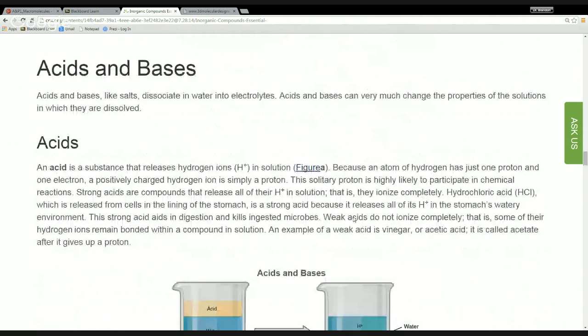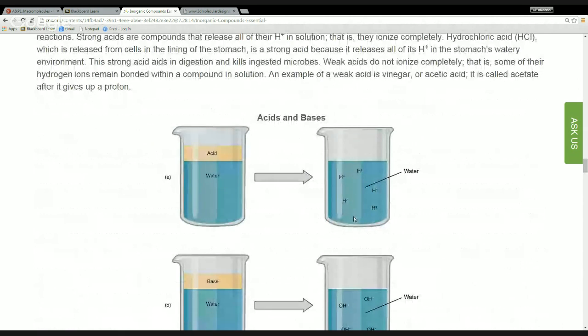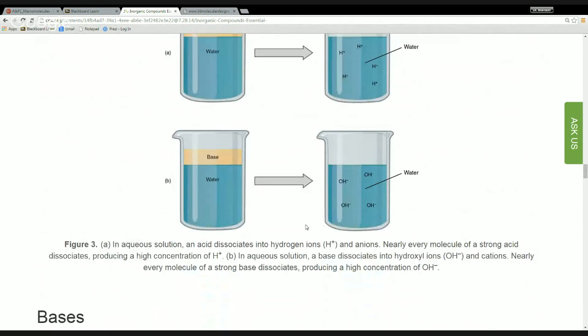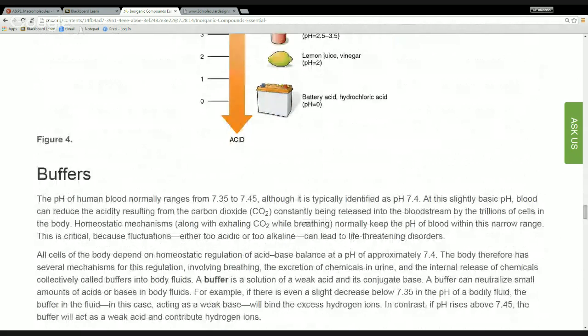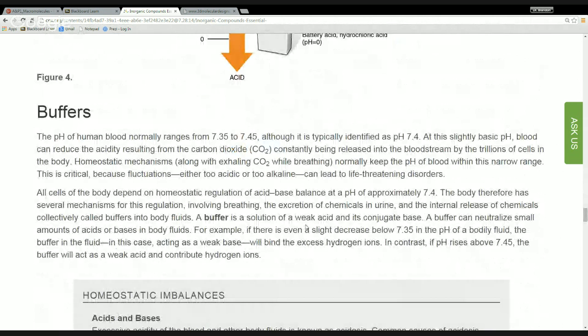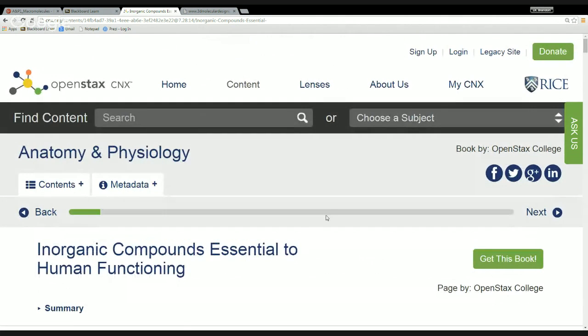I didn't talk about acids or bases in class, but that was in the presentation. In the book, after talking about acids and bases and pH, it has a section on buffers, which I don't really talk about in A&P 1 a whole lot, because to talk about it at this point, it would probably get lost in all the other things that you're getting introduced to at this point in the course, and they don't actually come up until A&P 2.